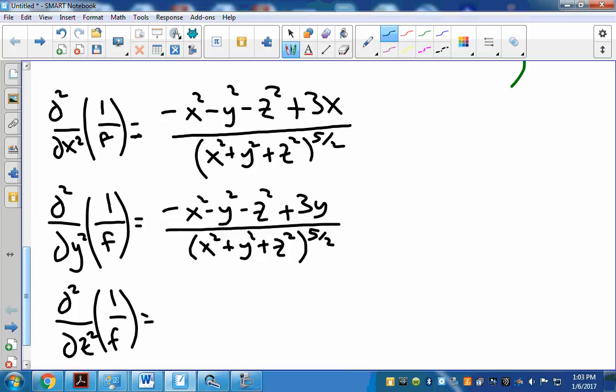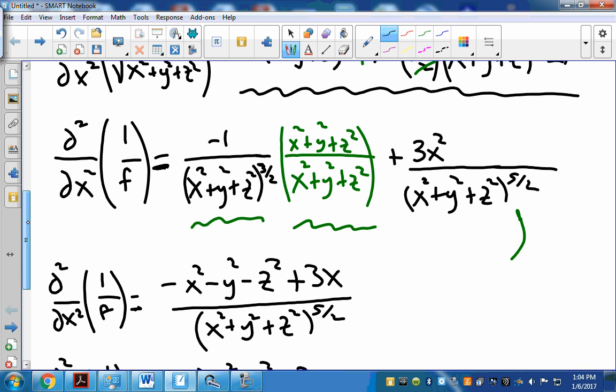And when I take the second partial with respect to z, minus x squared minus y squared minus z squared, plus 3z squared.